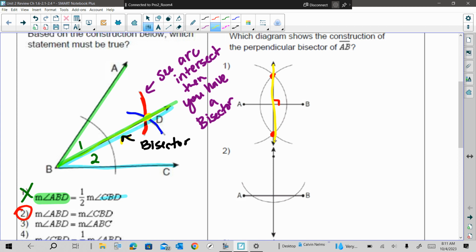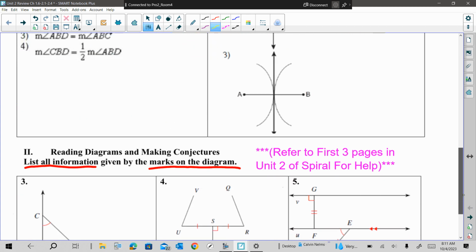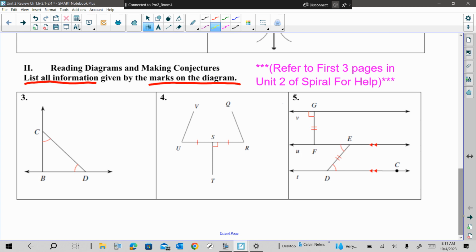All right. From there, this goes with the first 3 pages of our unit, where you're having to read diagrams and analyze them and make conjectures. So the key to this is understanding your markings. That's the very first thing we did with the color coding. They want you to list all the information given by the marks on the diagram.